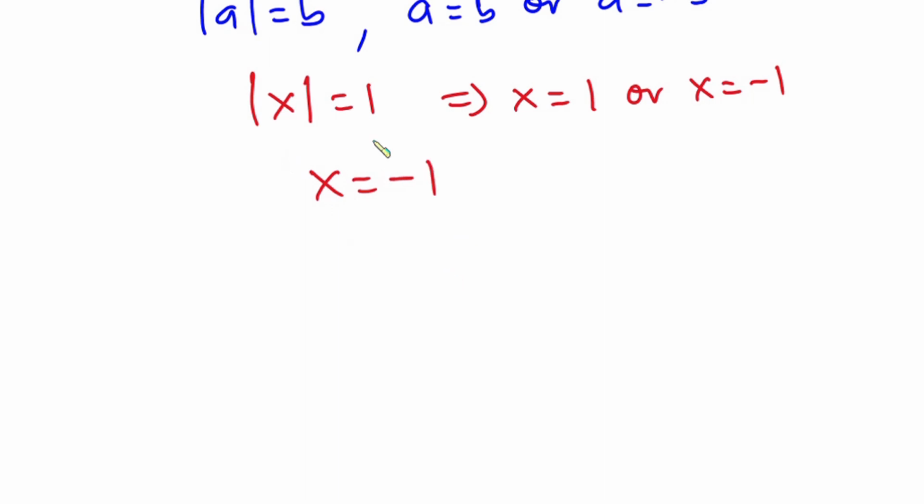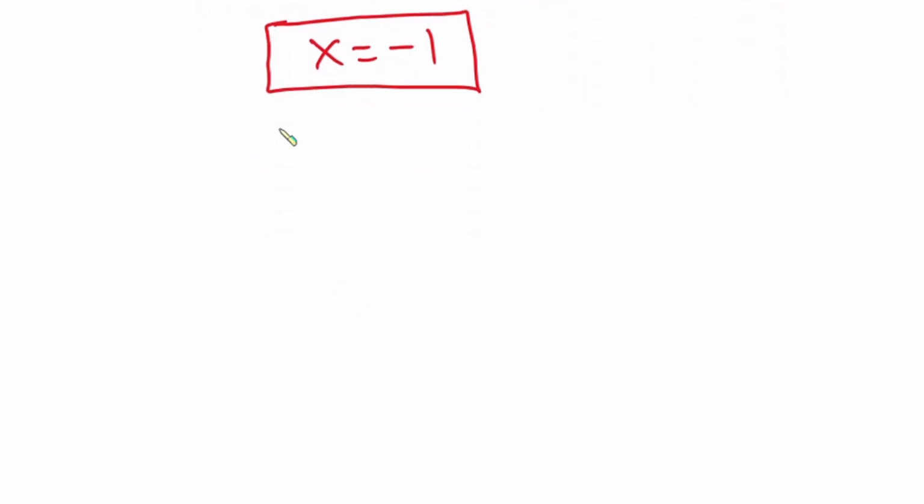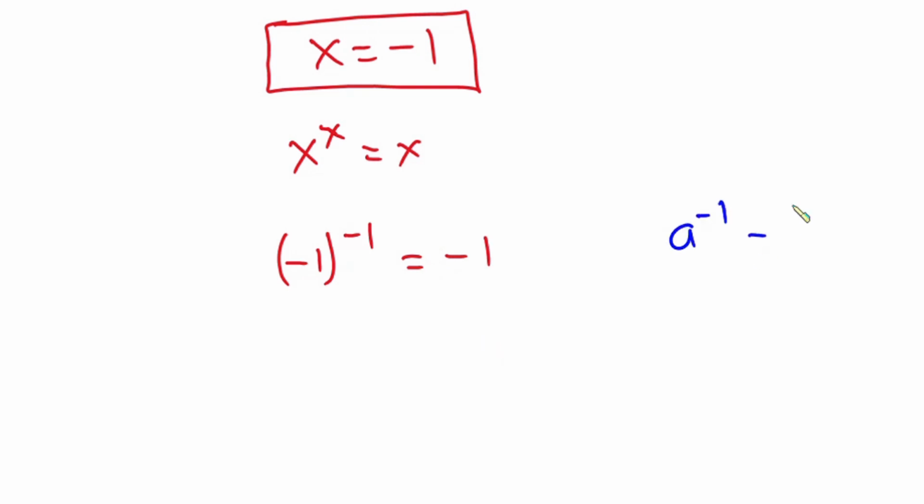Now the question is, does this value of x satisfy the equation? Now let's go ahead and test and see. We have x to the power x is equal to x, right? So if x is equal to negative 1, then it means we have negative 1 to the power negative 1, and this is equal to negative 1, right? Now, if I have a to the power negative 1, this is the same as 1 over a, okay?